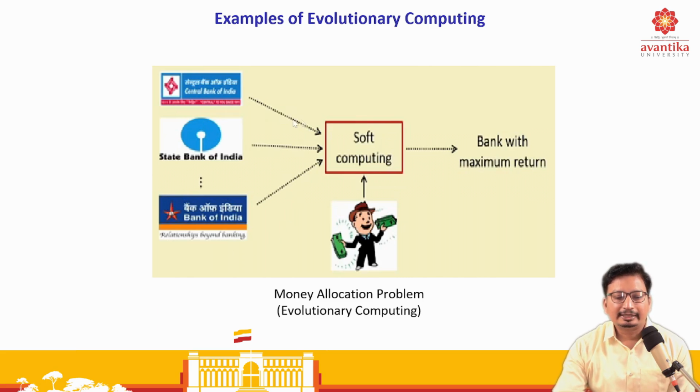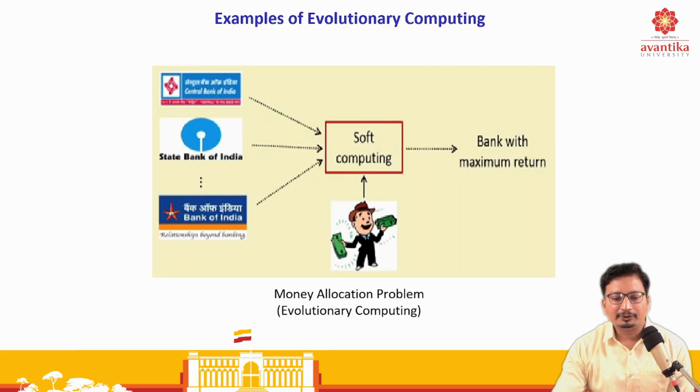He has a lot of options. If he wants to invest in banks, there are multiple banks, and in those banks there are multiple investment policies. The problem for the man is deciding in which bank and in which policy to invest.